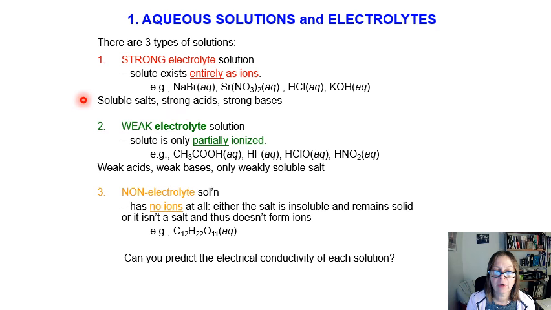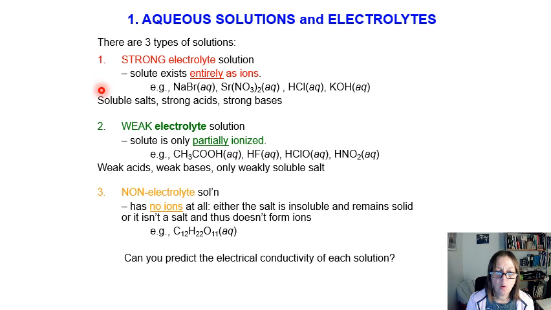This will be the case for soluble salts, such as sodium bromide and strontium nitrate, that will fully dissociate into Na+ and bromide ion, Sr2+ and the nitrate ion. It will also be the case for strong acids and strong bases, such as HCl and KOH, that will fully dissociate into ions, H+, Cl-, K+, OH-, in aqueous solution.